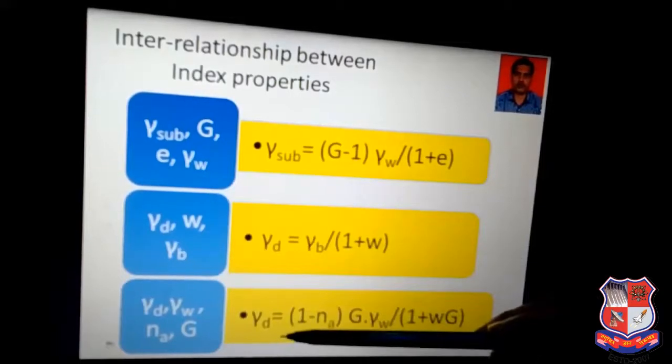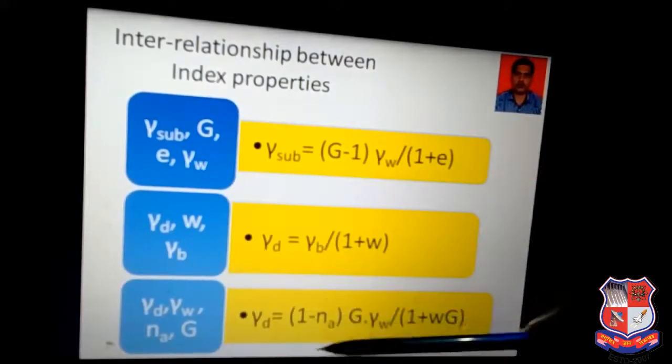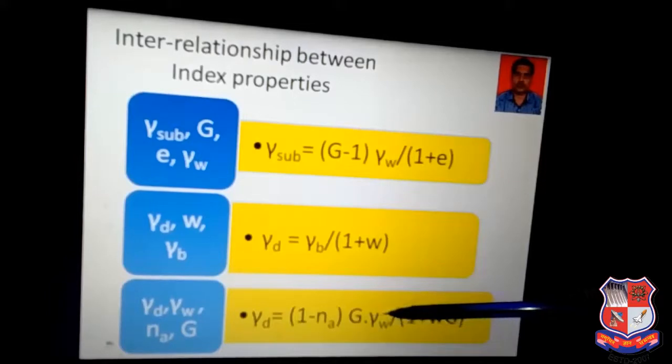And gamma D is also equal to 1 minus Na, percentage air voids, under bracket into G gamma W divided by 1 plus water content W and specific gravity G.